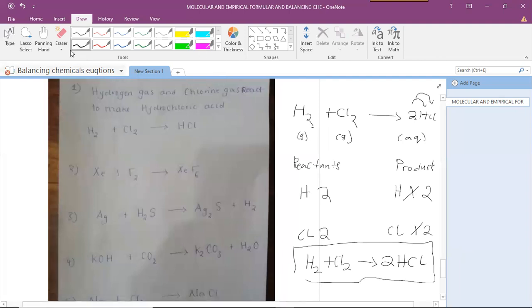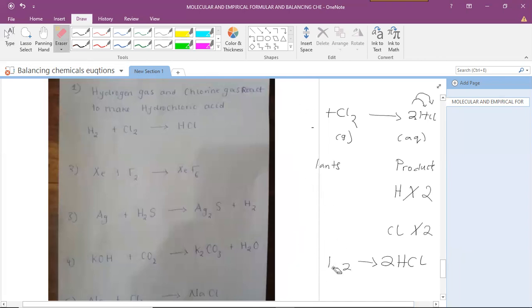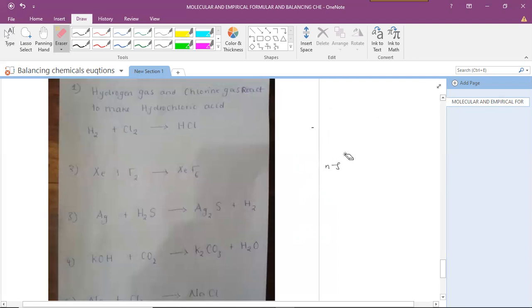Let's try moving on to the second one, because at least I know if we answer all these questions, balancing chemical equations will be easy for you in any type of reaction. So let's write the second one. We have got xenon plus fluorine to give us xenon hexafluoride.